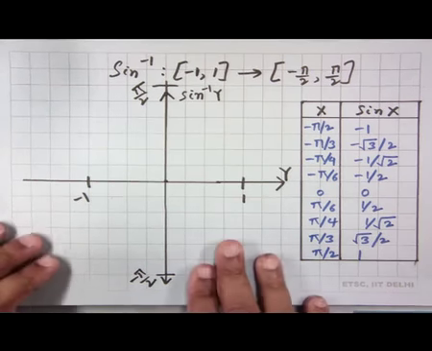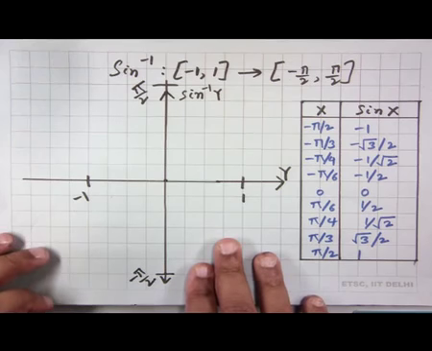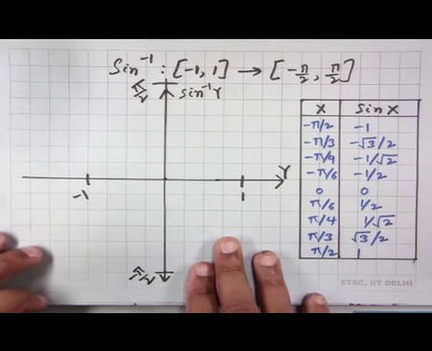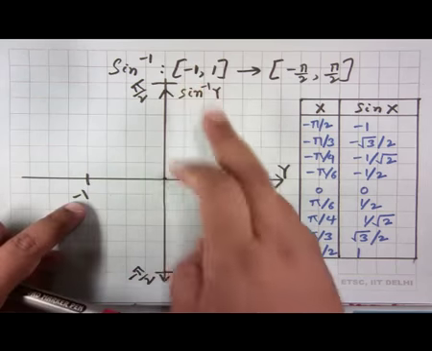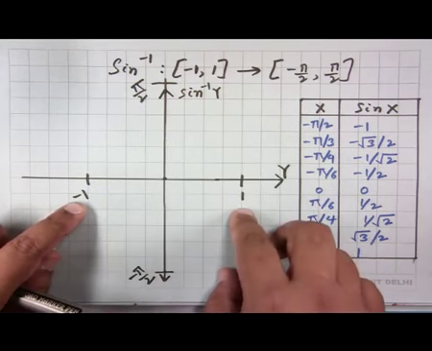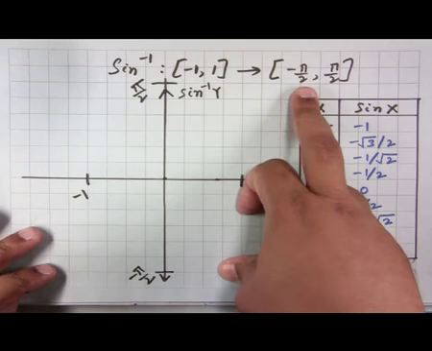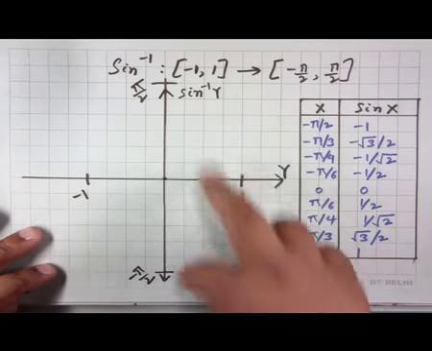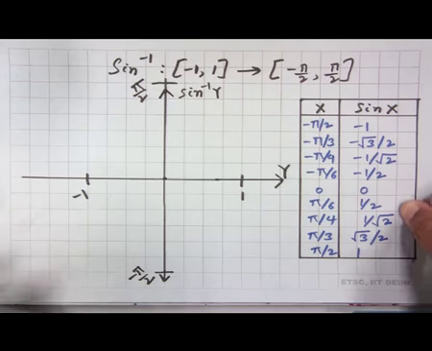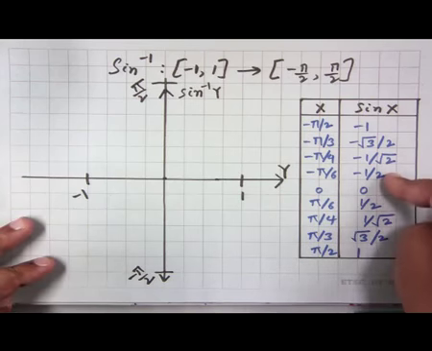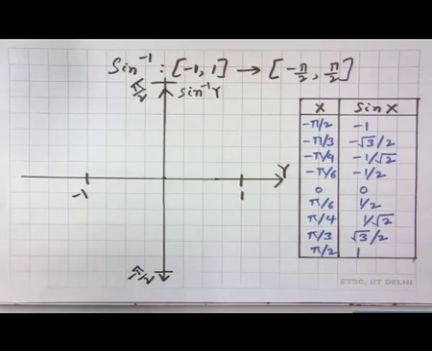In this graph we are going to plot the sine inverse function whose domain will be the closed interval between -1 and +1, and the range will obviously be the closed interval between -π/2 and +π/2. Here is a table of sin x versus x values which will help us to plot this graph.